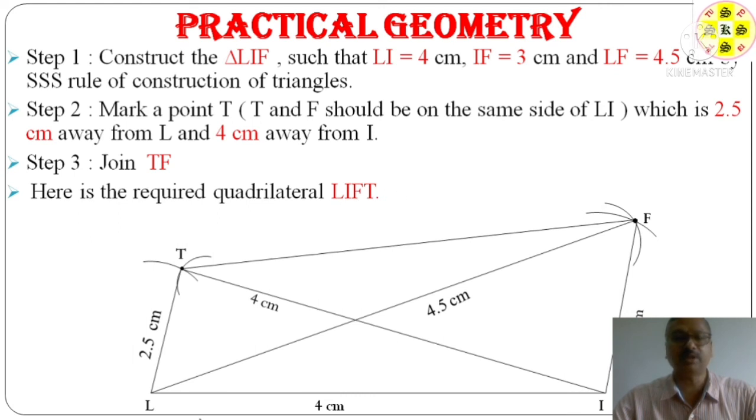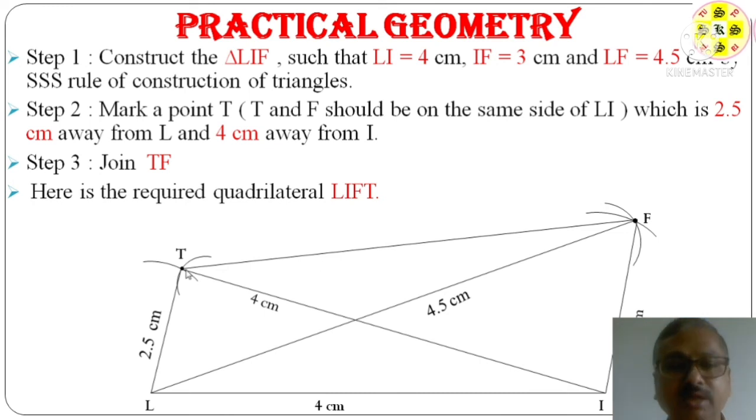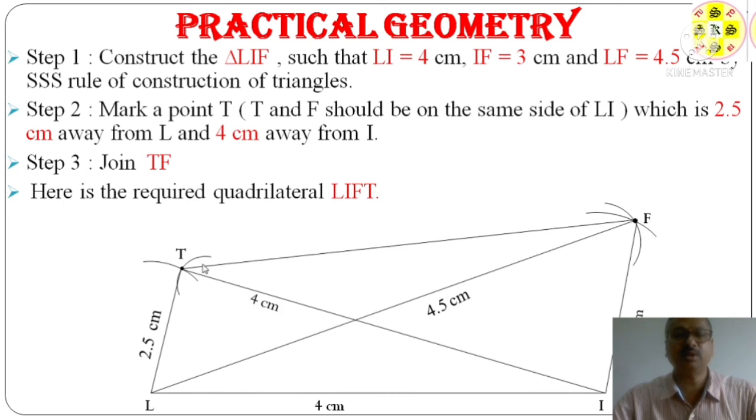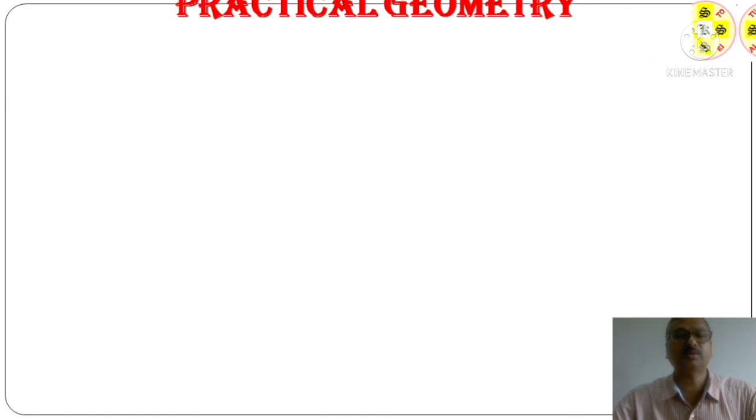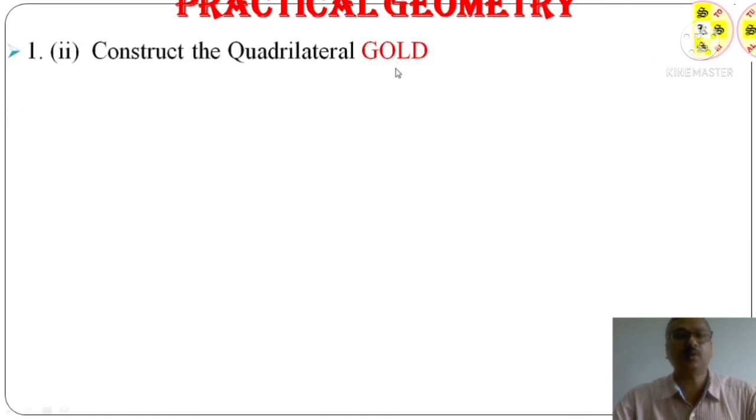So here is the required quadrilateral LIFT as per the given measurements. Now again, the same question: if as an additional part it is asked to find the length of TF, then simply with the help of a measuring scale we place the scale and find the length of TF. Okay, next move to the next question.